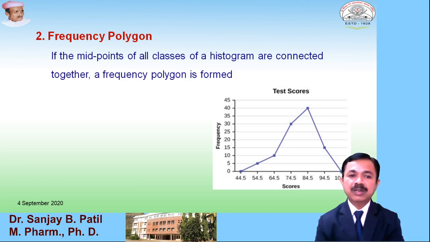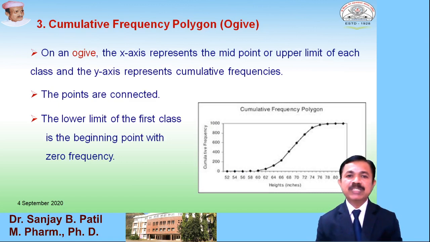The graph is shown in this diagram where the test scores of the students are considered on the x-axis while their respective frequencies are considered on the y-axis, and by considering the midpoints for each class the line is drawn by connecting midpoints of each class with respect to their frequencies, and such a type of graph generated is known as a frequency polygon.